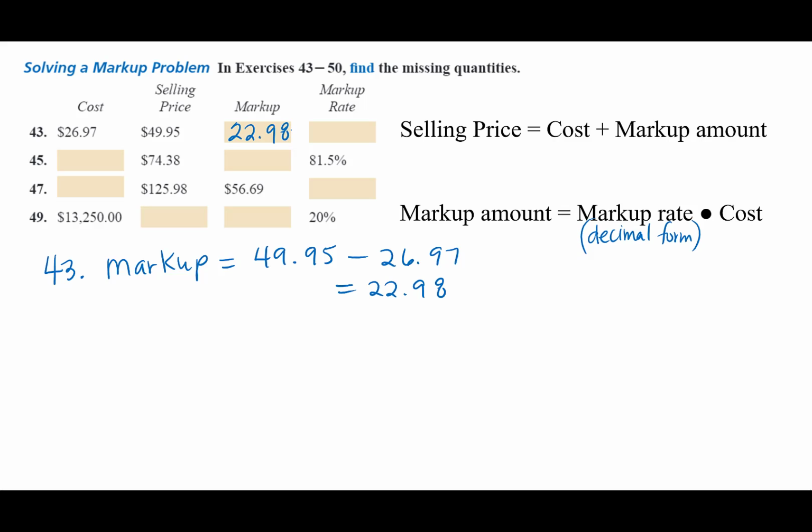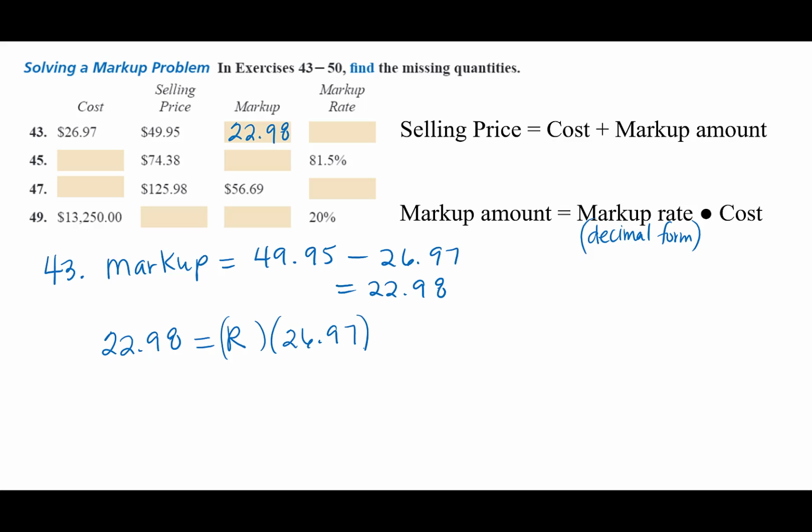Okay, now we need to find the markup rate. If we look at the formulas given, the only time the markup rate appears is that second formula. And so the second equation is the markup amount, which we just found, which is $22.98, equals the markup rate, that's what we don't know, I'm going to leave it as R, times the cost, which was $26.97.